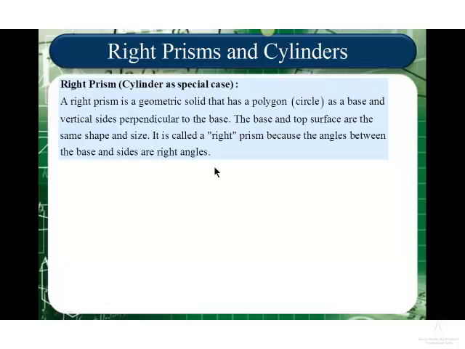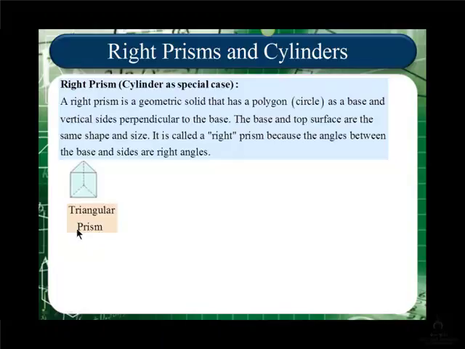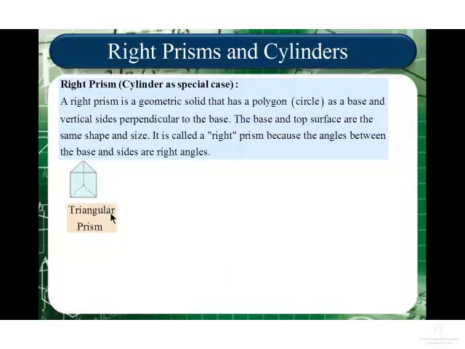Next, we will show a number of basic examples of right prisms and a cylinder. We will start off by the triangular prism. Now, it's clear that the base as well as the top of this particular prism will be a triangle, and the sides, as indicated, will be rectangles. So this is the first example of a right prism called a triangular prism.